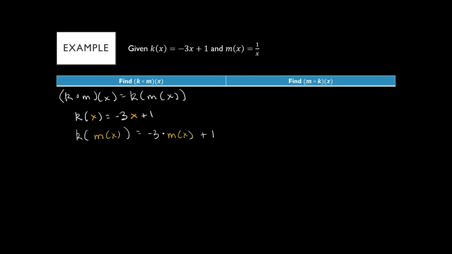So I am actually replacing X with this new function. And so M of X is 1 over X. So from here, I keep the left the same because that's what we're looking for. And then on the right, I replace M of X with what it's equal to, which is 1 over X.